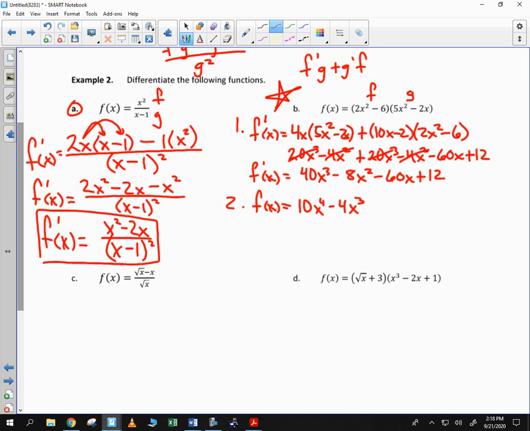We get a minus 30x squared, and we get a plus 12x. Oh, looks like I made a mistake. Yeah, we'll get back to that. Okay, so we go ahead, we take the derivative, and we get 40x cubed minus 12x squared minus 60x plus 12.